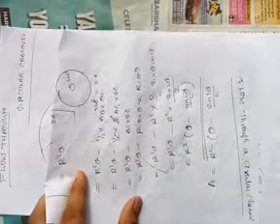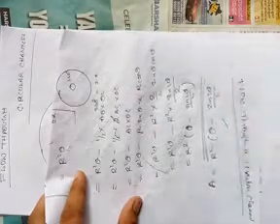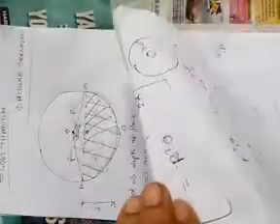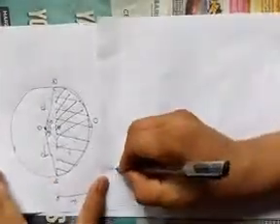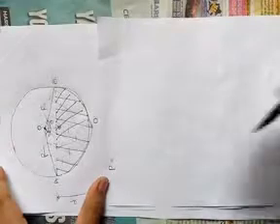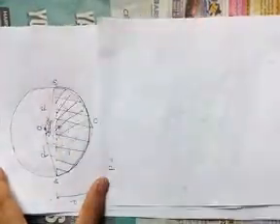Okay, next go for the wetted perimeter. How to find the wetted perimeter P? This is the wetted perimeter for the angle 2 theta.